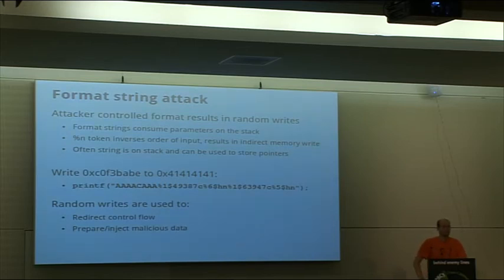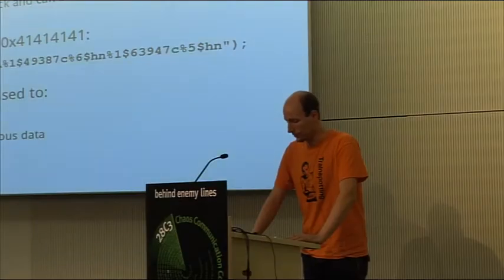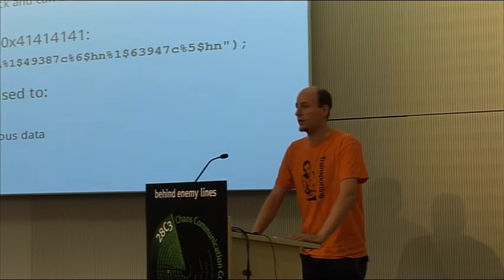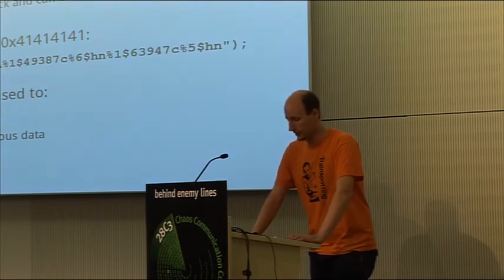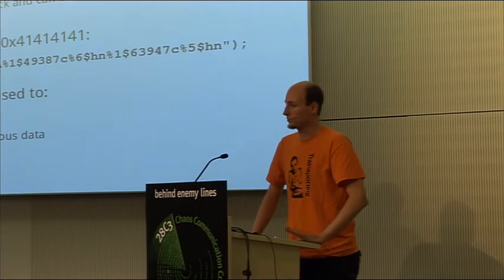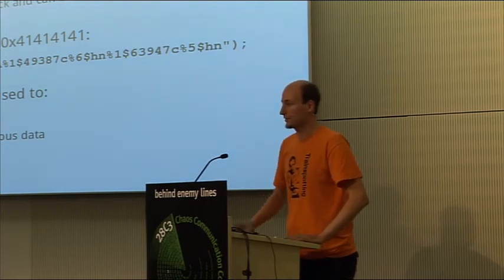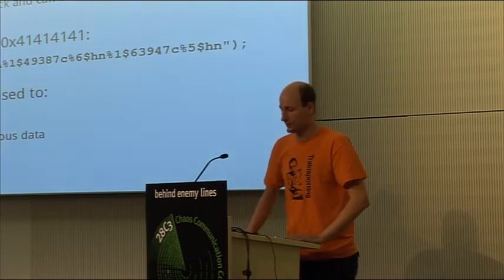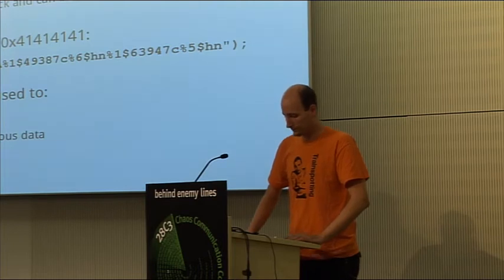Basically, if you want to know more about the basic format string attacks, this is only a short overview that I can give here. But if you want to know more about basic format string exploits, you should watch the Black Hat talk from this year, where they talked about new format string attacks that use similar approaches with these parameters.